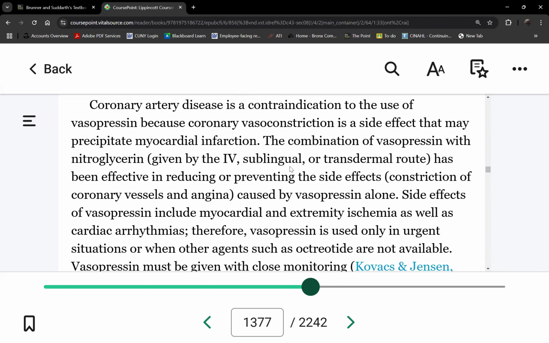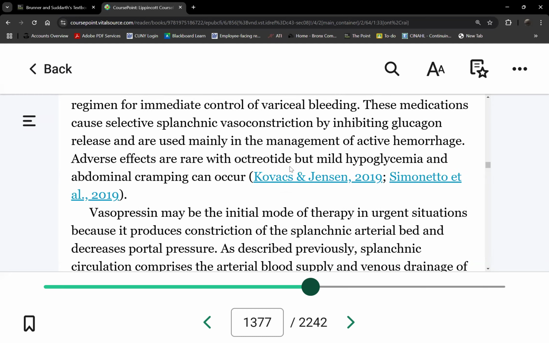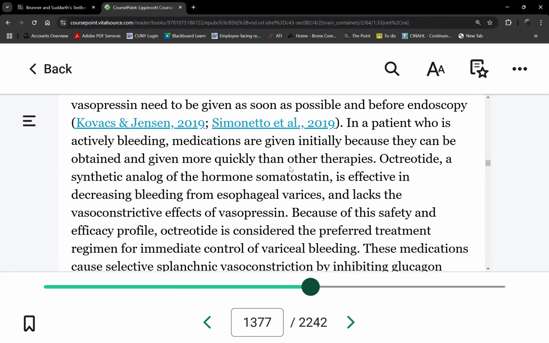By the way, octreotide is mostly given in cirrhosis patients. In bleeding cirrhosis patients, it's given IV, continuous infusion.